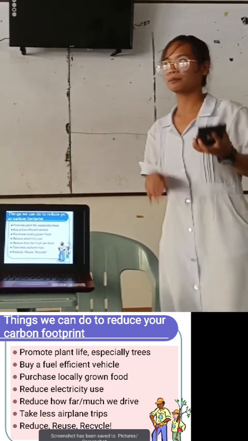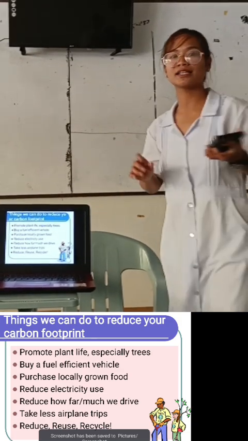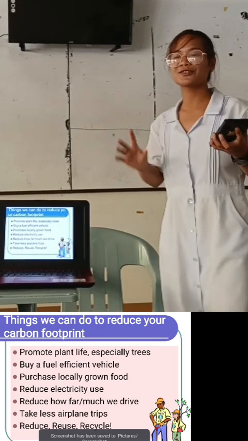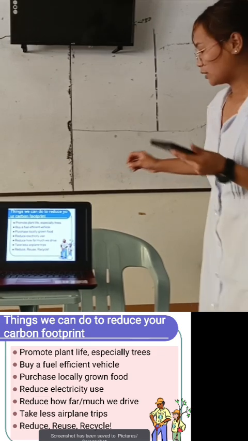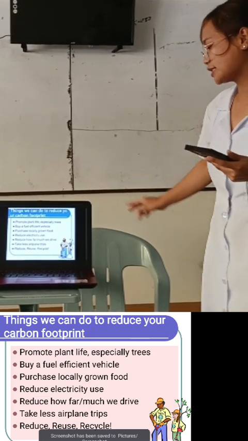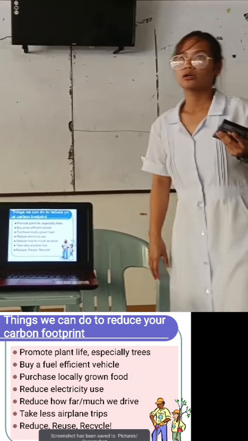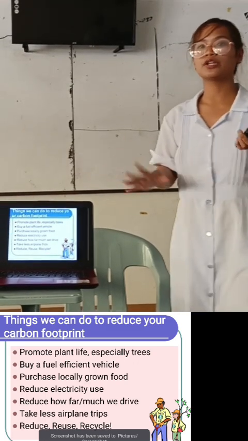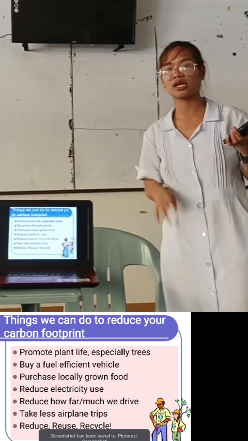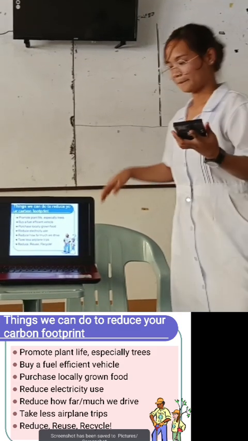So, yung bibili tayo, yung gagamitin natin, katulad ng yung gasolina gagamitin natin para sa mga vehicles. Next is, purchase locally grown food. Dapat yung binibili natin is yung mga locally grown food, example, yung mga meat, chicken, yung mga egg, at iba pa.